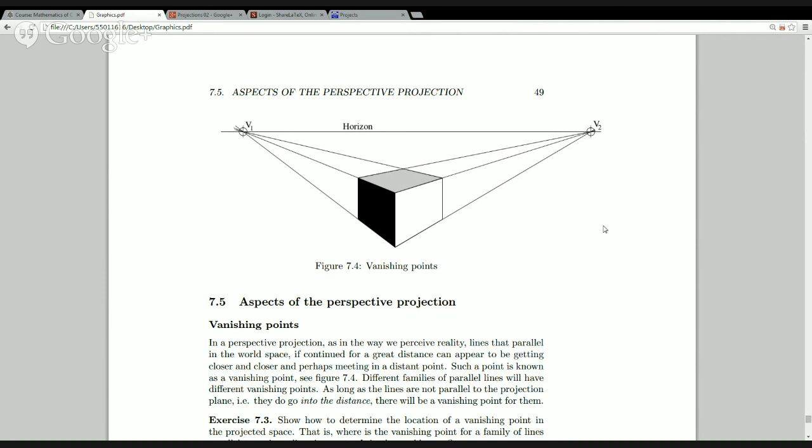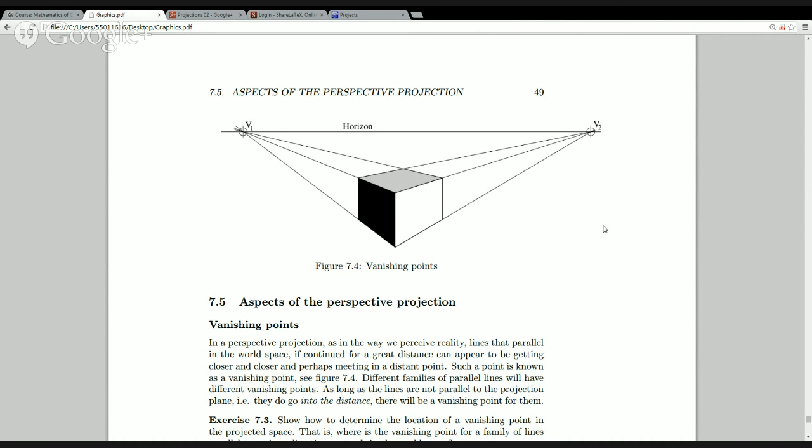If I stand underneath this panel here and look up, I will see a vanishing point for the vertical lines, but then I'm changing the direction of view, so I'm changing the whole alignment that has to be done. And so then the direction vector for those lines does have a z coordinate, okay?